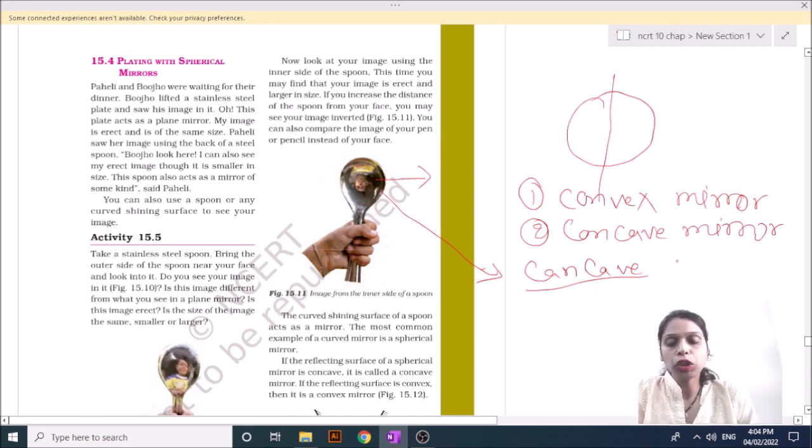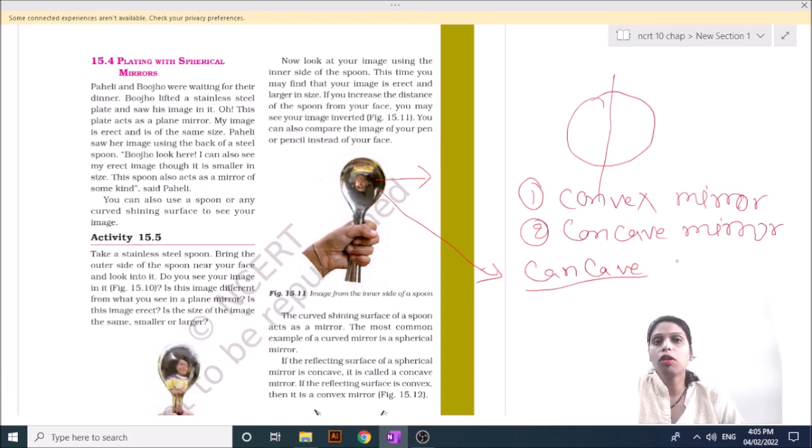When you observe your image in the curved area of the stainless steel spoon and bring the spoon near your face, your image is large and also erect. This is also a property of a concave mirror.